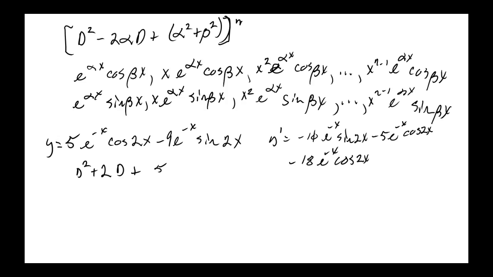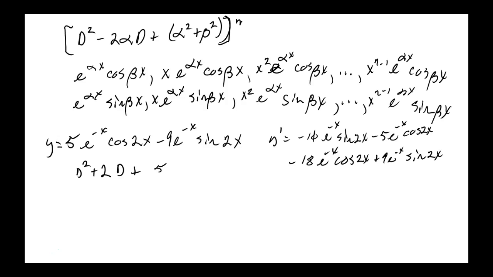Sorry. I'm awfully sorry. Derivative of the second, which is going to be a plus, derivative of the first, which is going to be a plus 9e to the minus x times sine 2x. Okay.